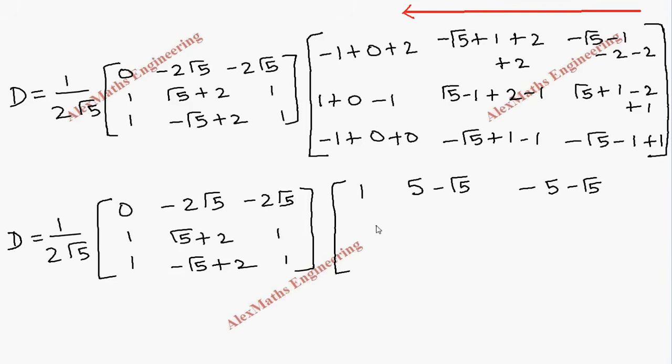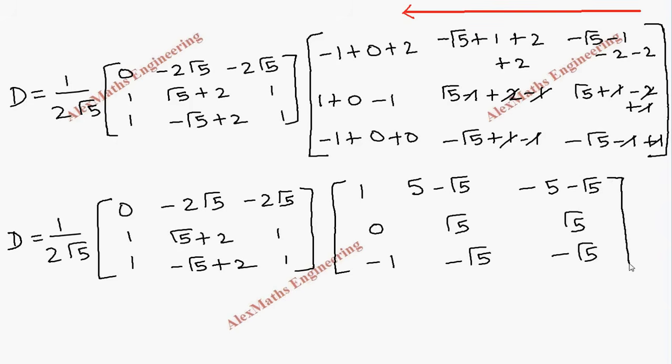Then this will be 0, and here 2 and minus 2 we can cancel, only root 5 is remaining. And here 2 and minus 2 we can cancel, only root 5 is remaining. Then here it is minus 1. After cancelling this, we get minus root 5, and after cancelling these two, we get minus root 5.